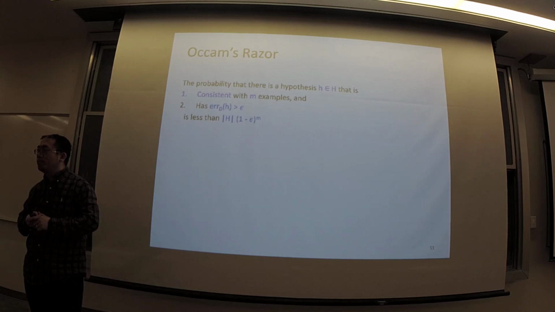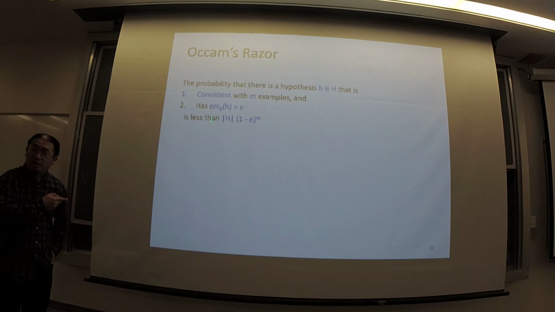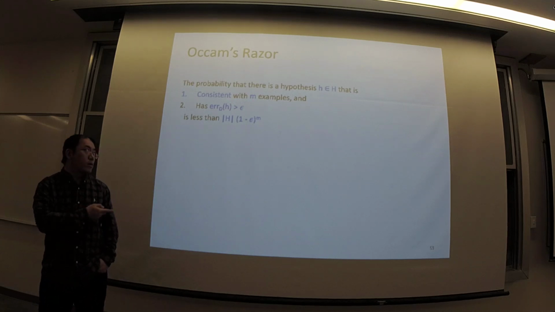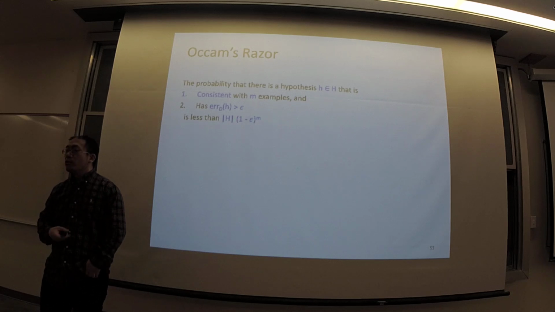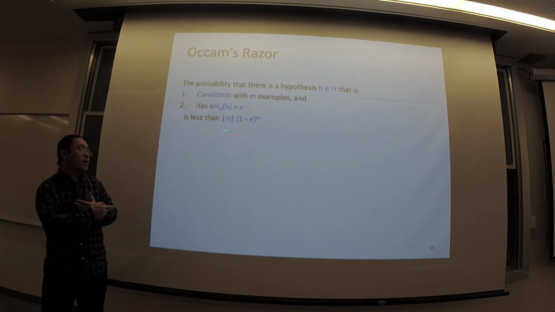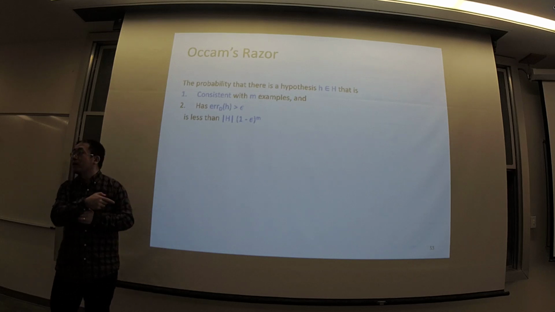Yes, exactly right. So now we know the upper bound of this bad event happening is this number, right? Now, if I want to control the chance of this event to be less than some delta, I just need to make this bound less than delta.